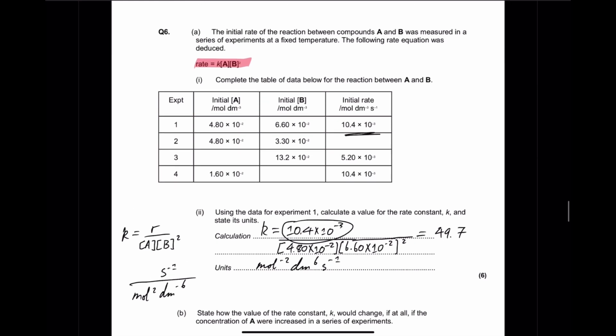I'm not going to spend too much time writing out every single question, but we already know what it is. So 49.7 times by 4.8 times 10 to the power of minus 2, times by 3.3 times 10 to the power of minus 2, squared.